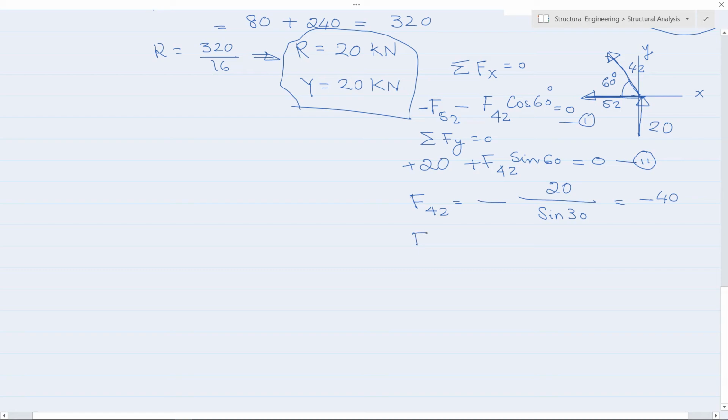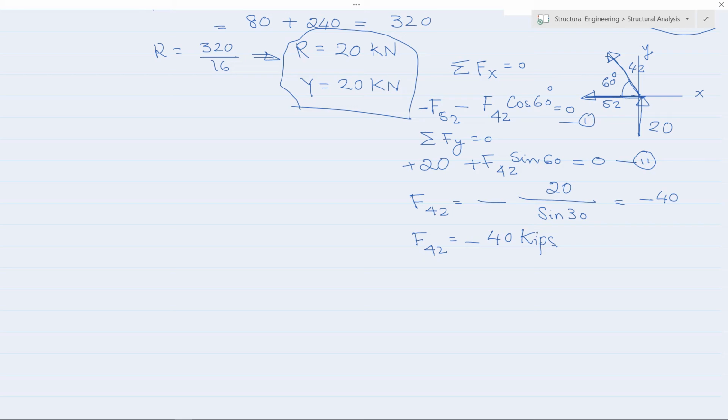So F42 will be equal to minus 40 kip. Minus means negative direction, so this direction was not correct.